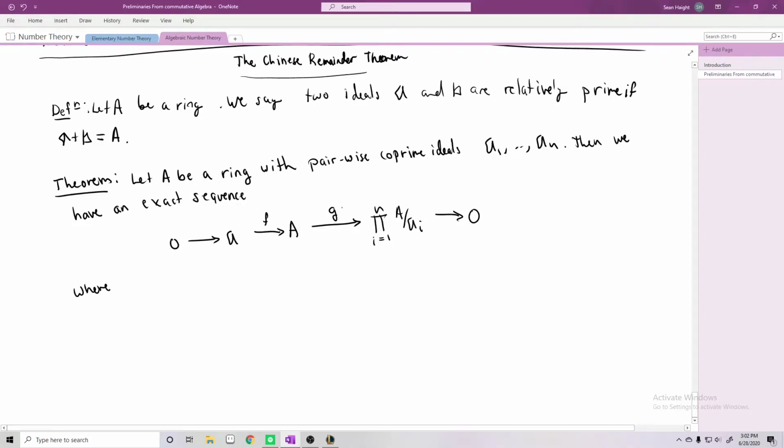So let's tell you what these objects are. A is the intersection of all of these ideals, which, as it turns out, the coprimality assumption means is also equal to the product of all these ideals.